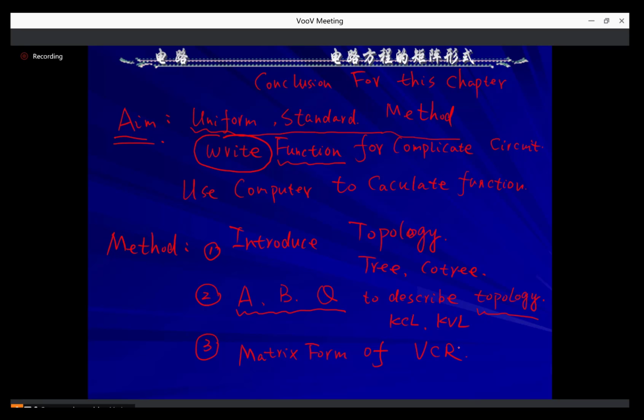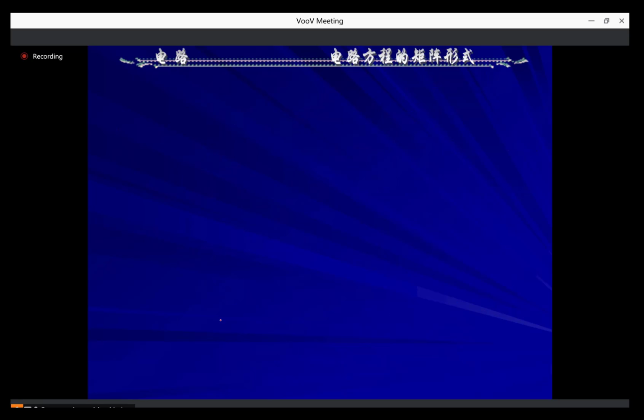For step 3, the matrix form of VCR, we define a standard complicated branch at first.